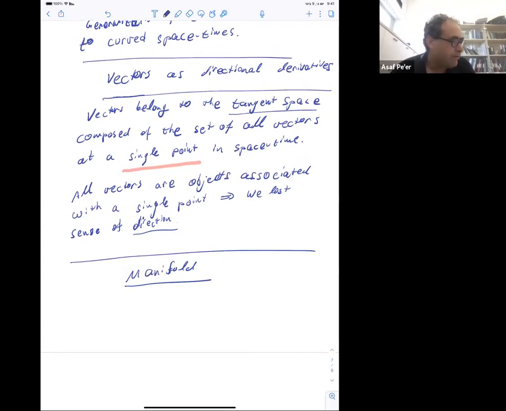Right now, a manifold is an n-dimensional space which, if you look near each of its points, looks like a Euclidean space. Locally it is Euclidean, but globally it is not. So the surface of the Earth is a manifold. Locally it's Euclidean: if you look at the floor, it is flat. Globally it is not.